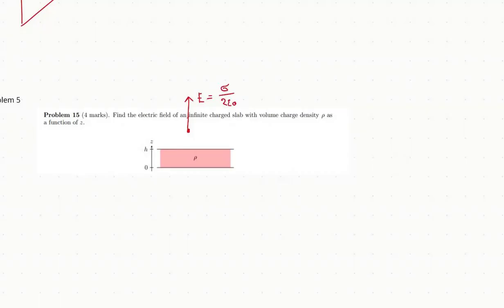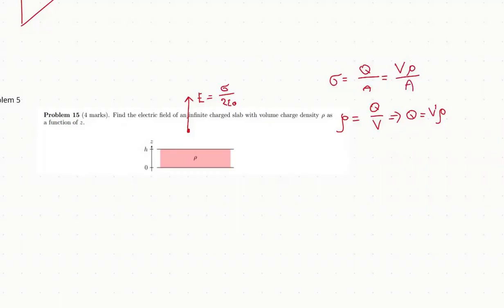Sigma is charge divided by area. But rho, the charge density, is charge per volume. Therefore, we can express charge as volume times rho. We sub that in: volume, rho, over area.